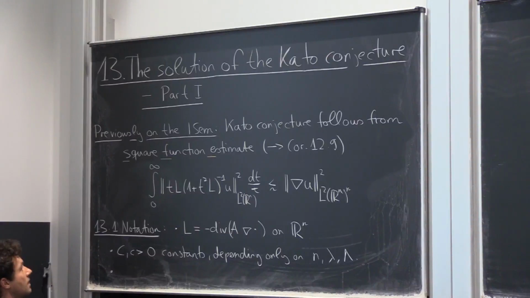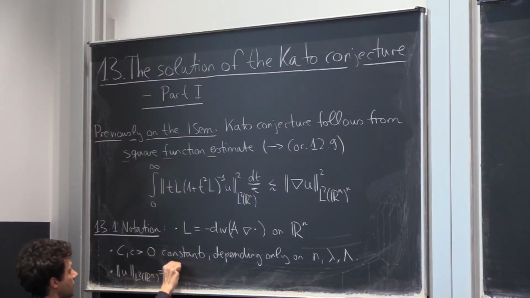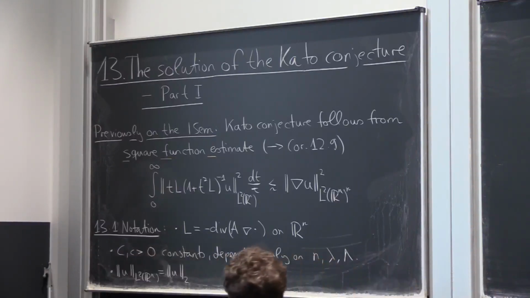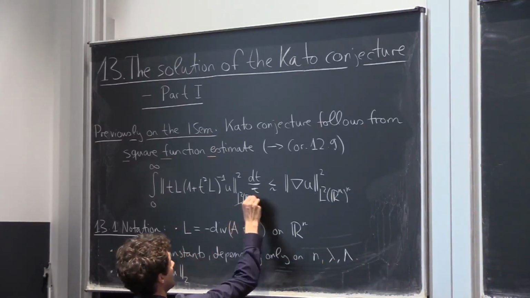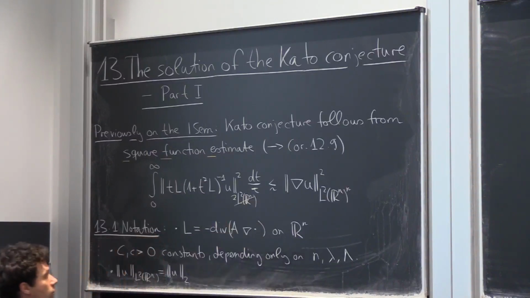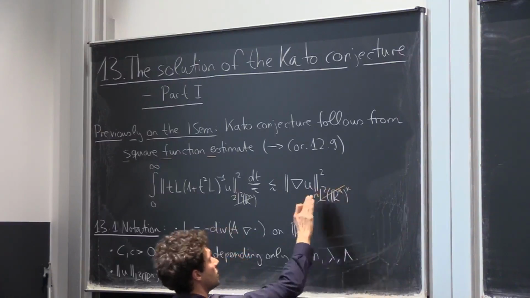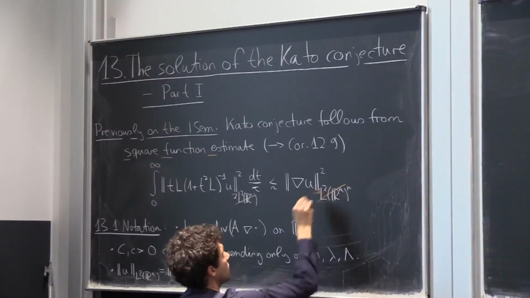Okay, and then I'm going to ease notation a little bit. So instead of writing L2 norms on Rn like this, I'm just going to write it with a 2. Because we're going to have a lot of these norms. In particular, this will just be norm 2. And then I use the same notation for tuples of functions, so also this is going to be just a 2 in the notation.